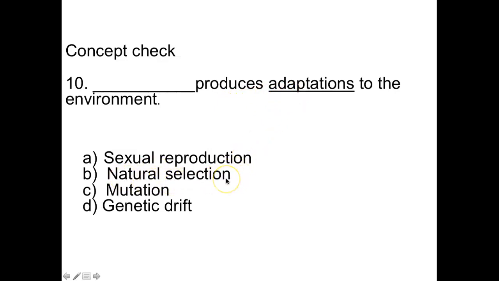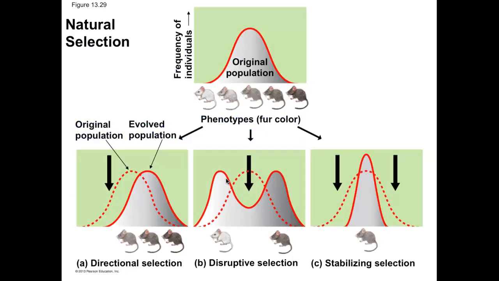I didn't mention before that an adaptation would be in this example here. Let's say that the white mice are picked off and we have this directional selection. You would say that dark fur is an adaptation to their environment, because having dark fur is protective and it helps them survive in that environment.